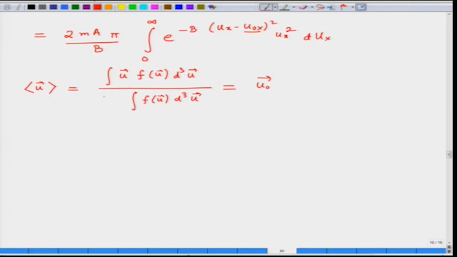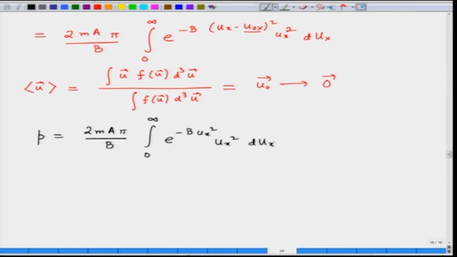Let us say we have a container of gas, then the velocity with which the center of mass of the system will move will be equal to u 0. Now, let us put this constraint so that u 0 is equal to 0. We make u 0 equal to 0 by hand. For this type of system, you can calculate the pressure, which will be equal to 2 m A pi by b, integration 0 to infinity of e to the power minus b u x square du x.